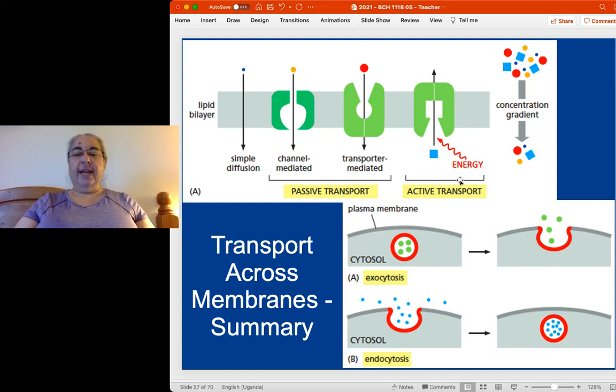And then we've seen active transport, which needs energy and is able to move molecules against their concentration gradient. Now we're going to talk about other forms of movement, exocytosis and endocytosis.